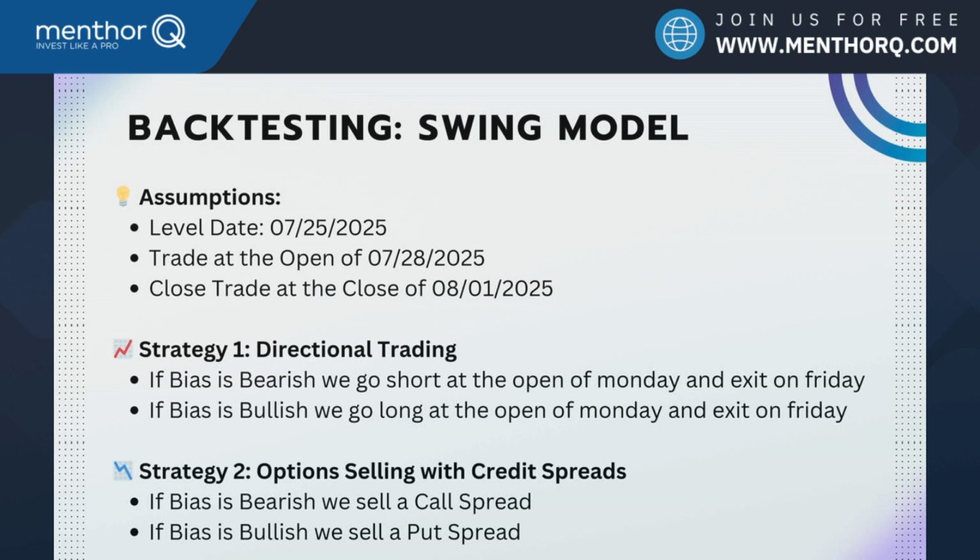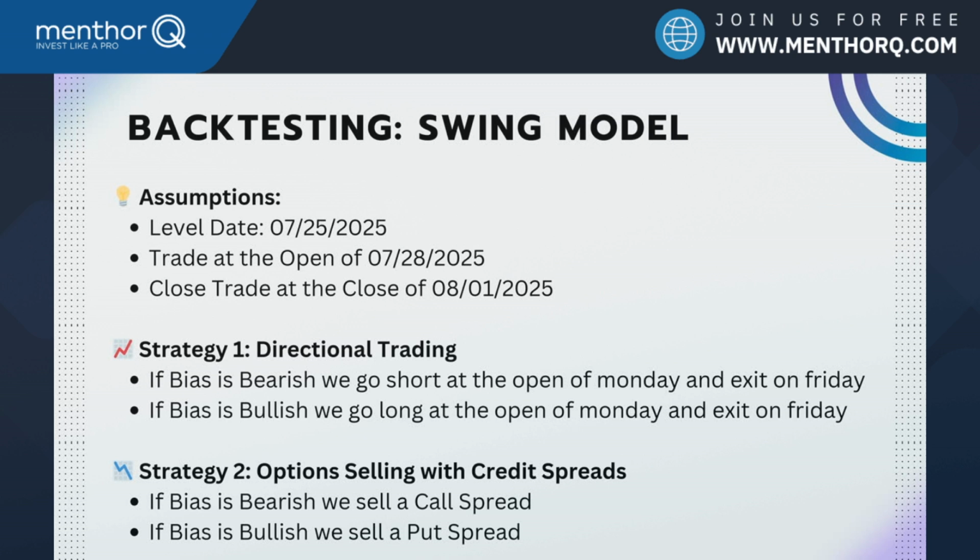So here, first, we are looking at some assumptions. We took the data that you will see today, and this is also available on our blog. I'm going to share the link. It looks at the levels as of the end of day, Friday, July 25th. So we took the levels, and then we use the levels to trade at the open of Monday, the 28th of July, and simply close at the close of Friday, the 1st of August.